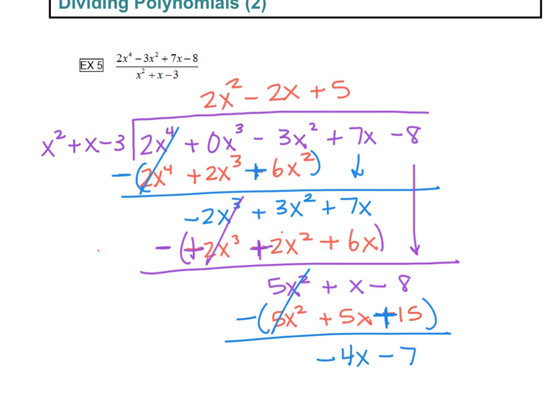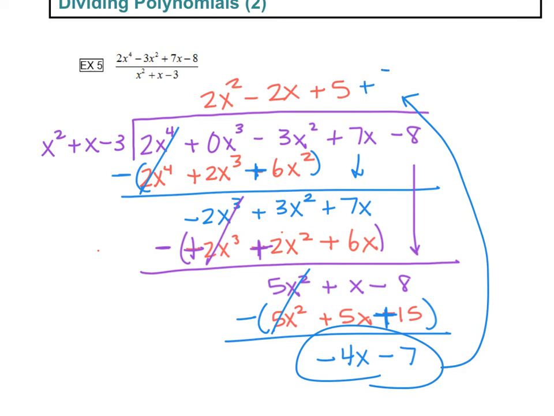And because we have brought down all of our numbers from the original polynomial, this is our remainder. This goes up here, and then do you remember what to do with it? It's a plus our remainder of negative 4x minus 7 over what we were dividing by, x squared plus x minus 3.